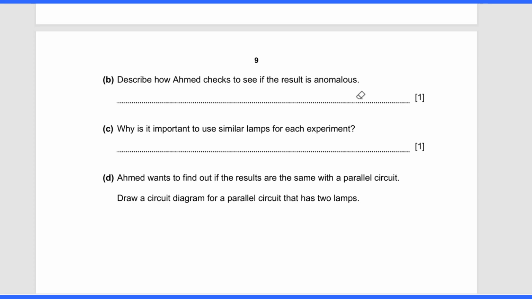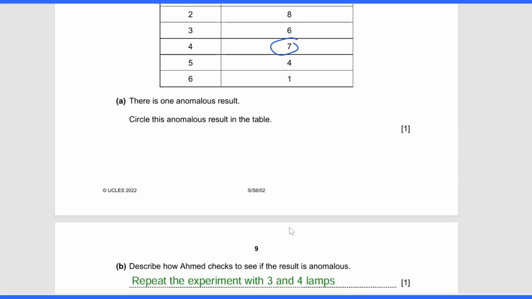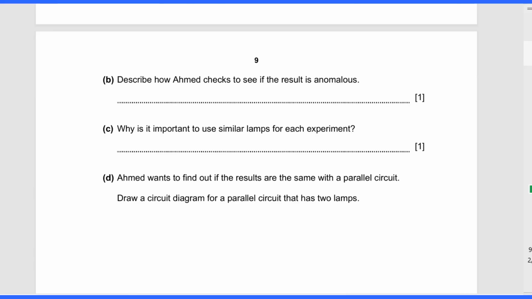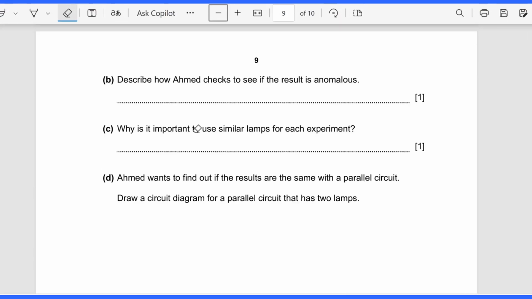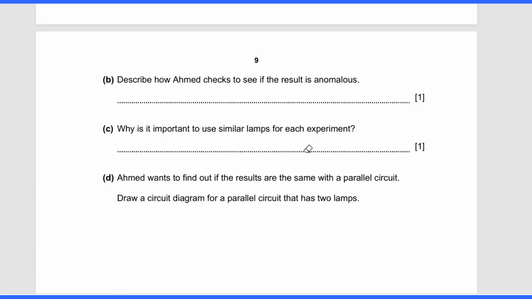Right, let's check out the answer, guys. What Ahmed can do is repeat the experiment with 3 and 4 lamps to check his result. Next, why is it important to use similar lamps for each experiment?